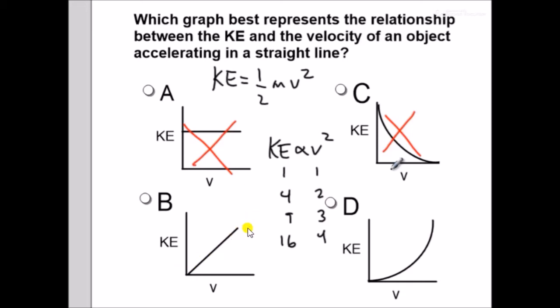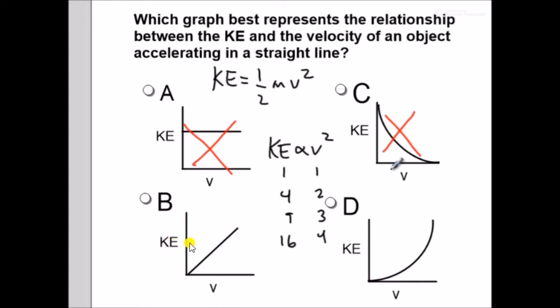Here the increase in the kinetic energy is linear, and here the increase in the kinetic energy is non-linear. Linear means it represents a line, non-linear means it is not representing a straight line. When the velocity increases, there is a linear increase in the kinetic energy.